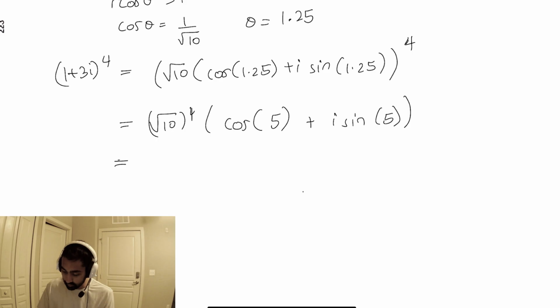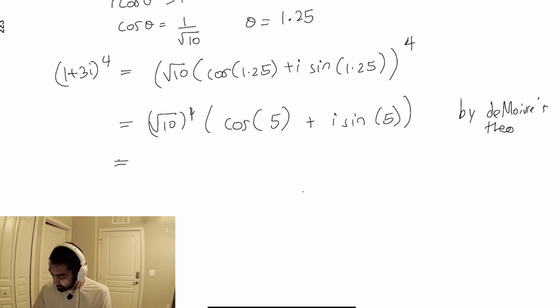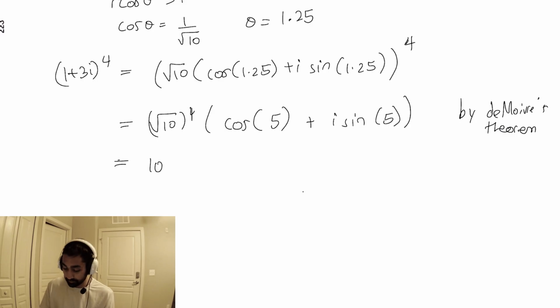Remember this is in radians. It's good to say by De Moivre's theorem. It's good to state when you're using the theorem in your calculation. Square root 10 to the 4 is 100.